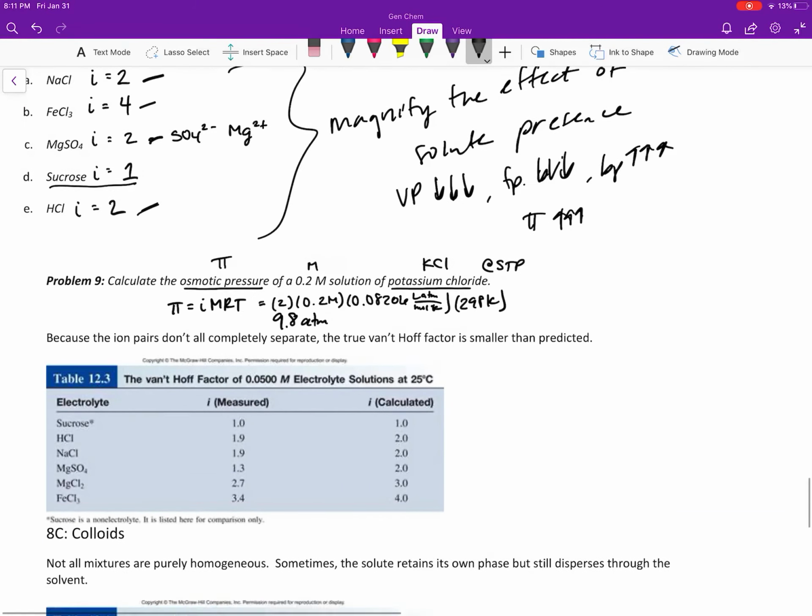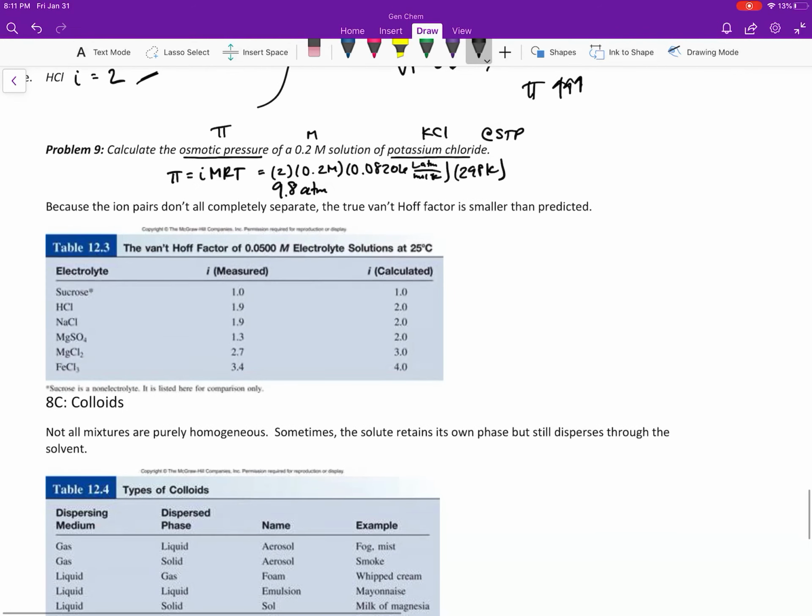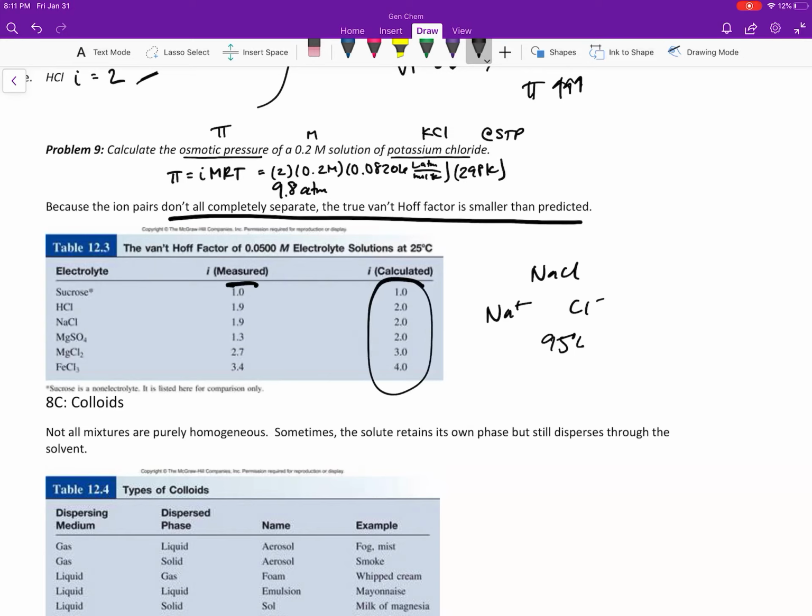And so we did an example using i, and then the one thing here, you'll see I deleted one of the questions about predicting the Van't Hoff factor, but it's not always true that they 100% dissociate into sodium and chloride. The idea is that of all the sodium chloride, maybe only 95% of them will dissociate. So there's calculated values, what we count, and then these are the actual measured values.